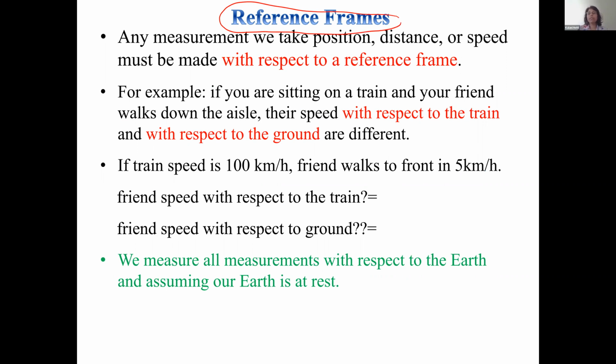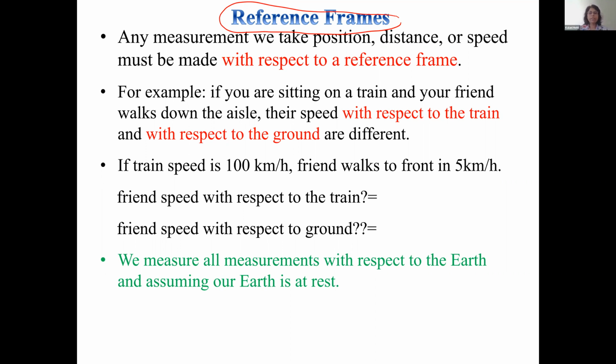Everything that we are measuring right now, velocity, acceleration, distance, we are measuring with respect to Earth, and we are saying Earth is at rest. Although Earth is spinning and moving around the sun, we already know that, but we're going to measure everything with respect to the Earth. That means we're going to take the Earth at rest, right?